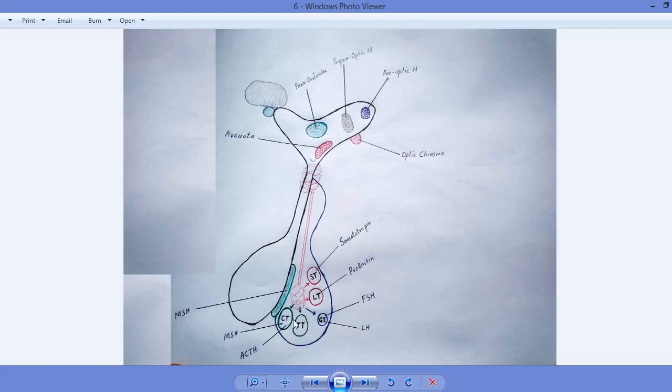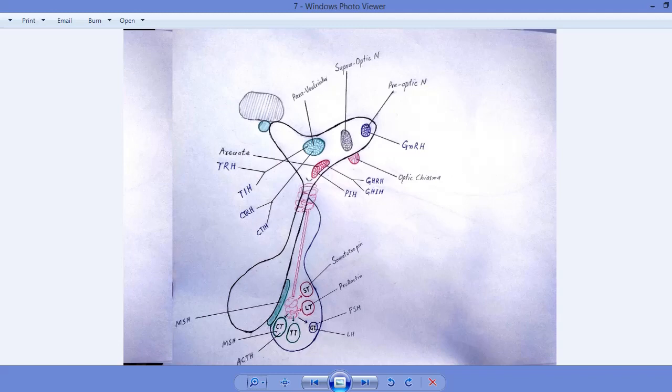Similarly, the thyrotrope is responsible for the secretion of thyroid stimulating hormone, and the corticotrope is responsible for the secretion of adrenocorticotropic hormone and melanocyte stimulating hormone. Similarly, the median pituitary gland, as I told you in the start, also works as an endocrine gland. It consists of a special type of cell called the melanotrope, which is responsible for the secretion of melanocyte stimulating hormone.